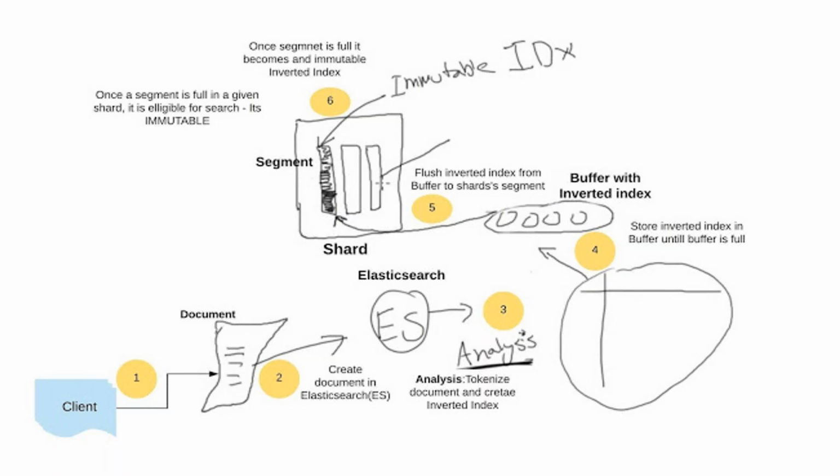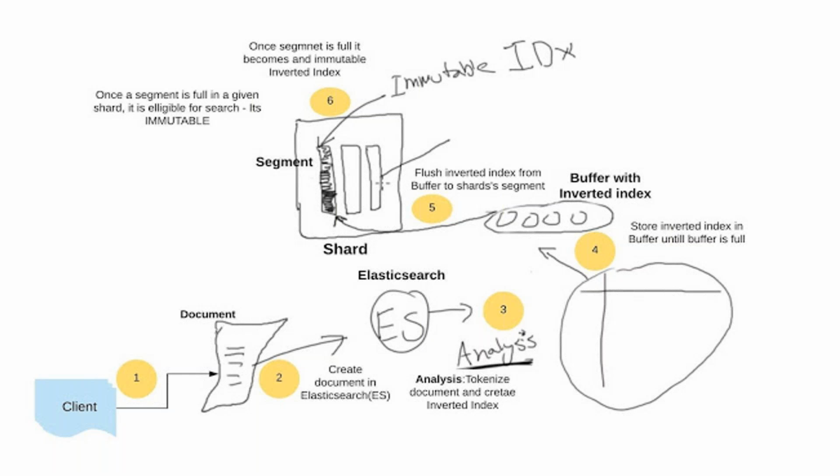Look at this from 1 to 6. First, the client sends the document to Elasticsearch. In step 2, Elasticsearch receives the document, and then tokenization of the document happens, creating an index.